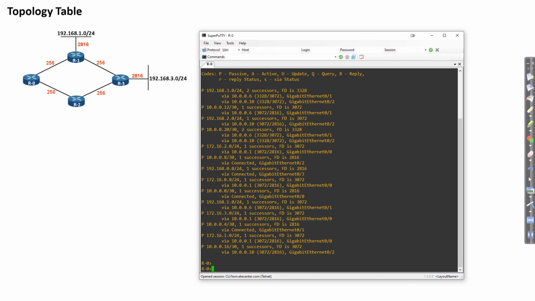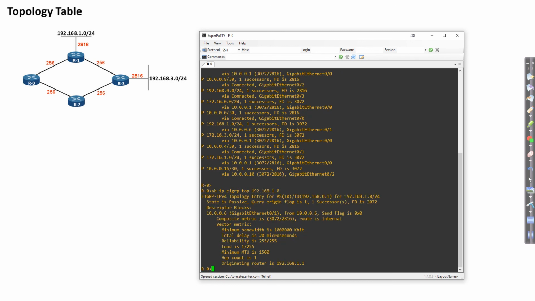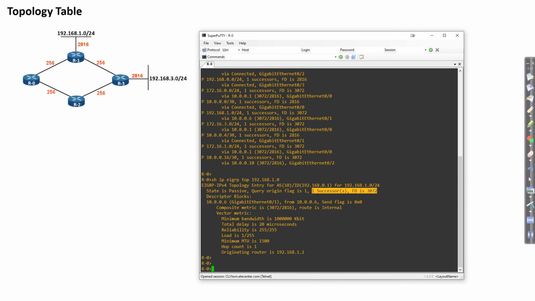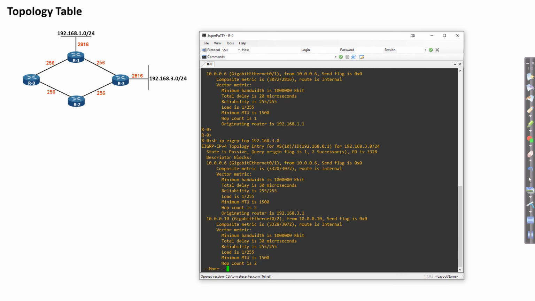Let's take a look at the detail for show ip eigrp topology for 192.168.1.0. One successor with a feasible distance of 3072. Now let's take a look at the 3.0. Two successors, one to 10.0.0.6 and one to 10.0.0.10.